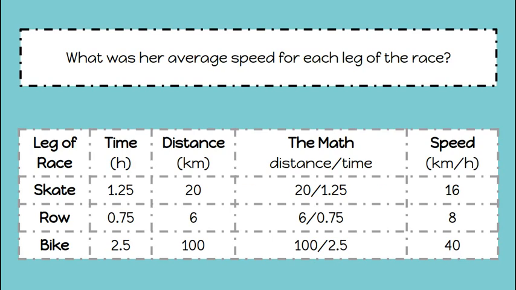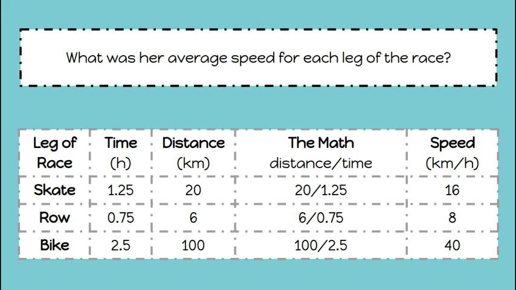So average speed for each leg of the race, I figured the easiest way was just to extend our chart, and I put in a place for the math and then the average speed for each of those sections. So if we look at the skating portion, it was 1.25 hours, 20 kilometers. So we're going to take 20 divided by 1.25, and that means when she was skating, she was going 16 kilometers per hour.